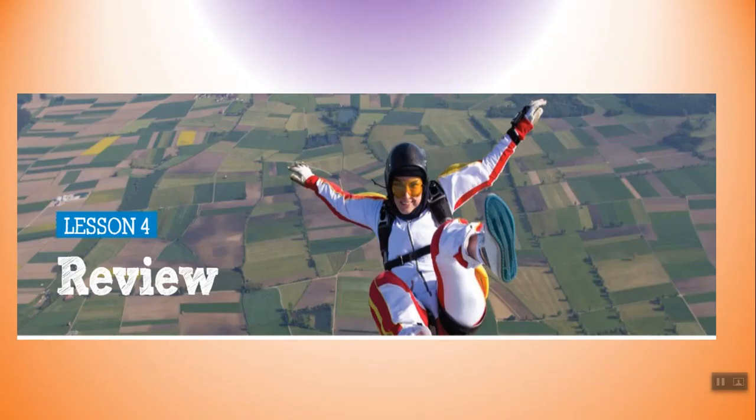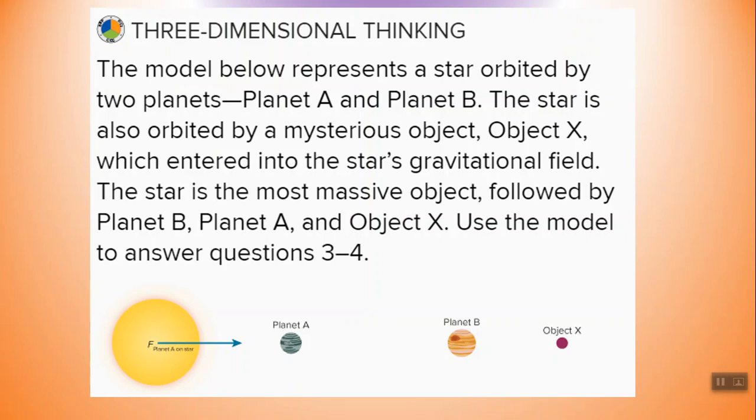And the last thing, we will do the lesson review on page 93. Open your book on page 93 to answer questions number 3 and 4. We have a three-dimensional thinking.